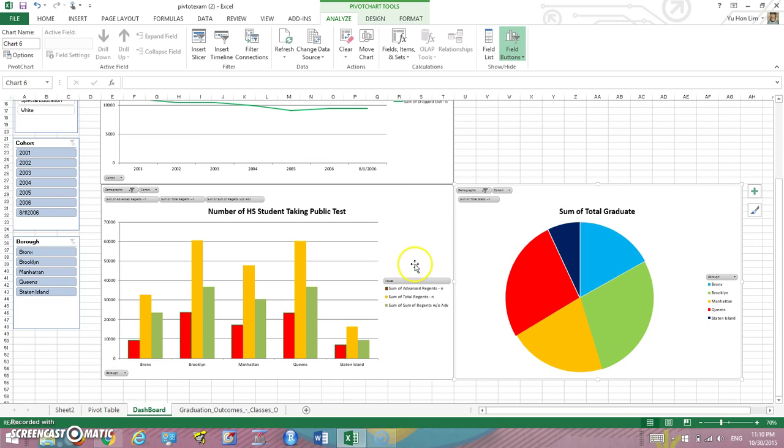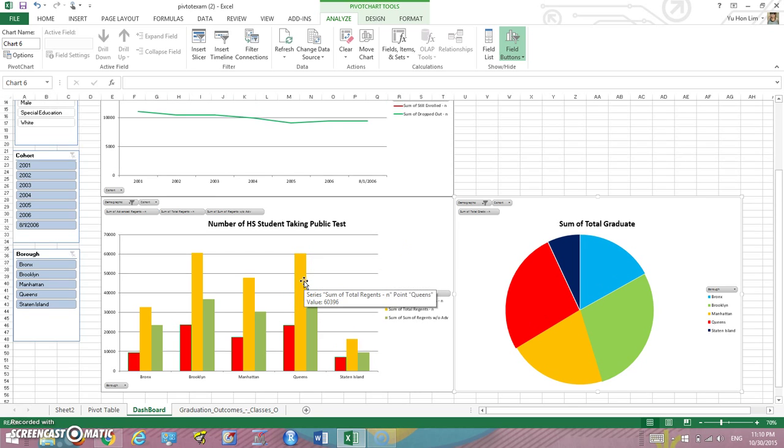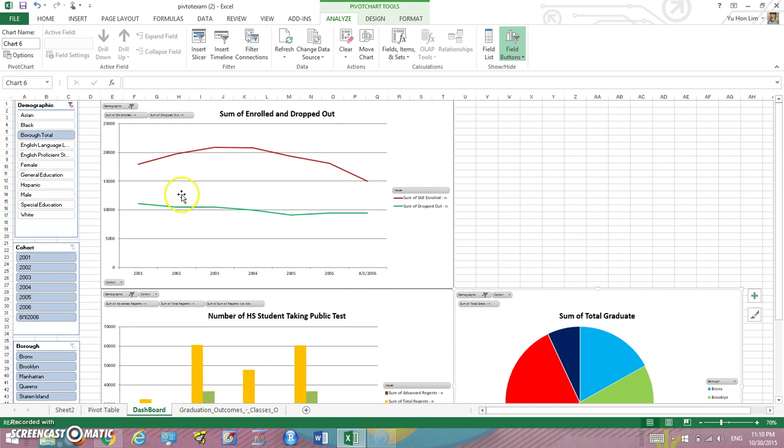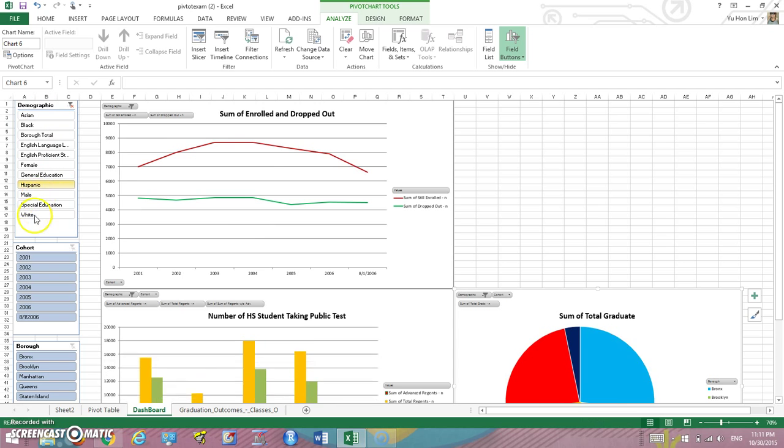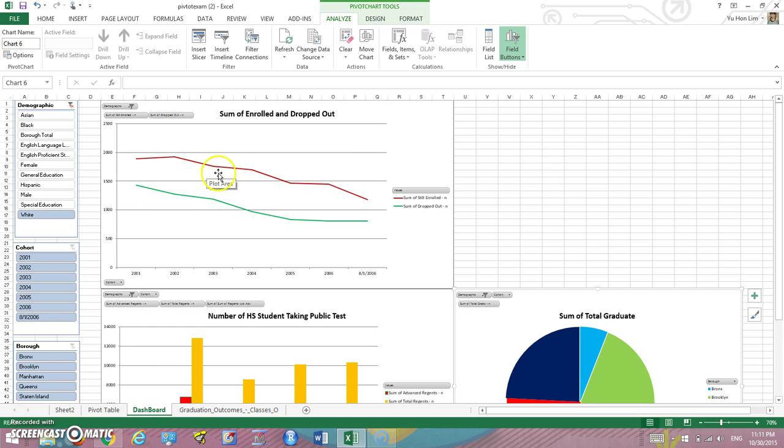By looking at this dashboard, my concern is that there are a lot of students dropping out, because if we look at the Asian, Black, Hispanic, and white students, the ratio is like 2 to 1, and it is a waste of taxpayer money for so many students dropping out, and also a waste of human capital.